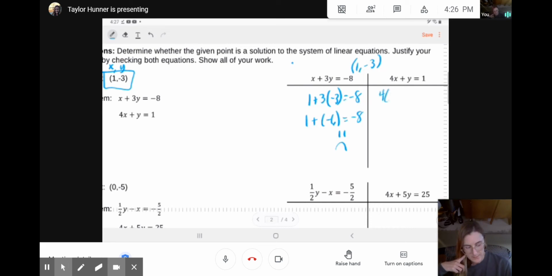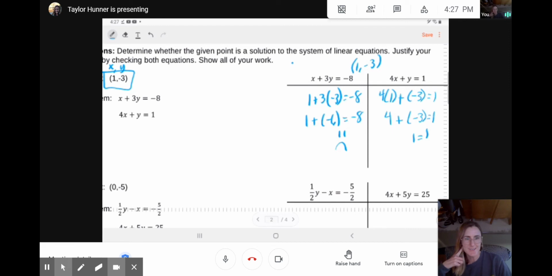When I plug it in here, 4 plus 4 times 1 plus negative 3 is equal to 1. So 4 plus negative 3 is equal to 1. Well, 1 is equal to 1, so that works.